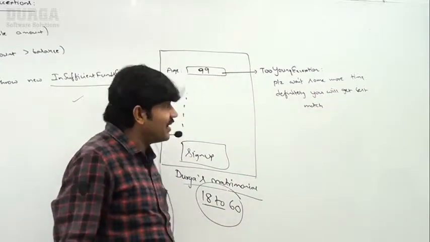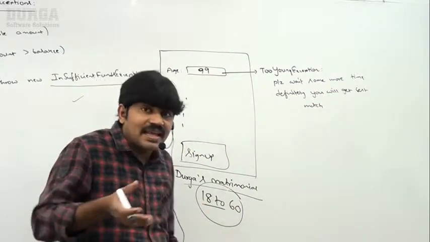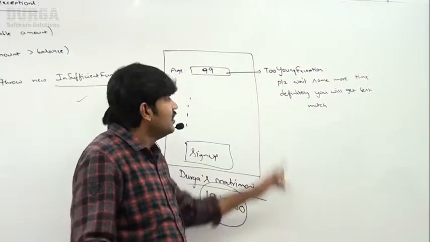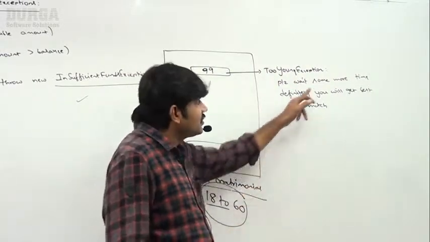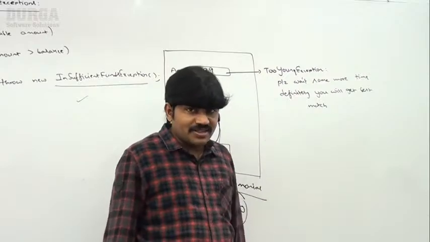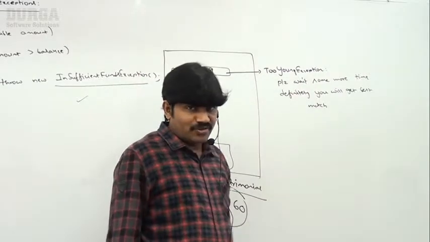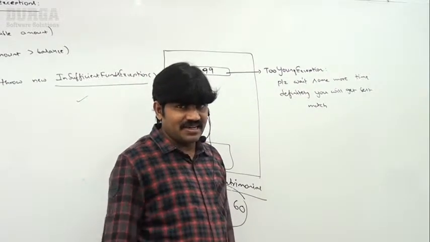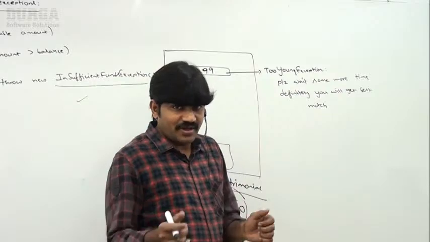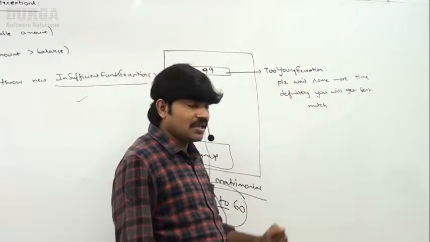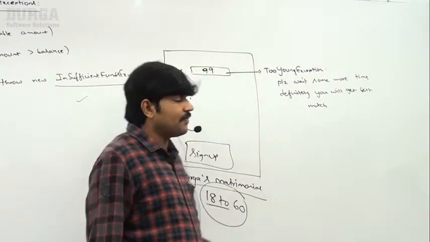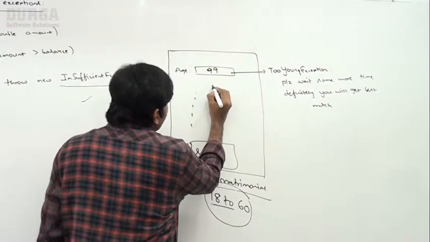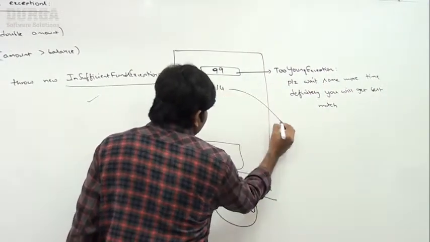If a person tries to register with 99 years age, then automatically too young exception: please wait some more time, definitely you will get best match. This is the exception I want to raise. Just for kidding purpose, 99 years is not young. Just I'm using this word, sir. Too young exception.